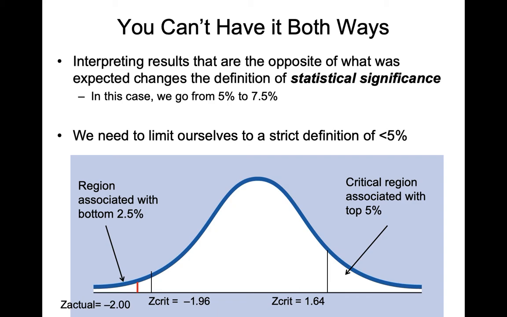It is against the rules, illegal, whatever you want to call it, to set ourselves up doing a one-tailed test and to interpret a result on the other side, because now we're saying that statistical significance are sample results that happen less than 7.5% of the time, assuming that the null is true. We've just made that standard less impressive, less difficult. And in subsequent lectures, I'll go over the danger in doing that.